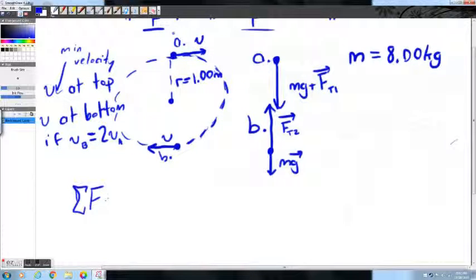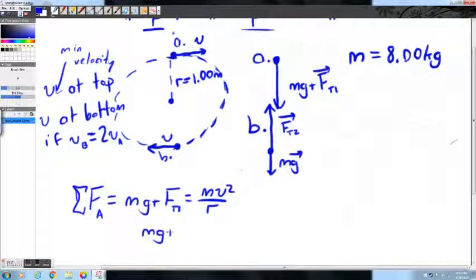So at A, the sum of forces will have mg plus F_T1 equal to mv squared over r. As you can see from this relationship, the greater the force, because the mass and the radius are staying constant, the greater the velocity. If we're looking for the minimum velocity, we're looking for the minimum amount of force.